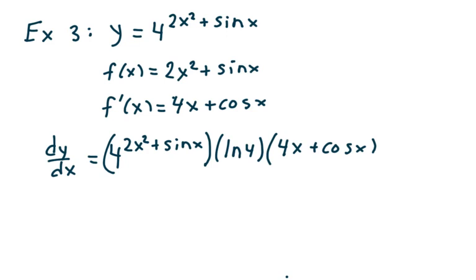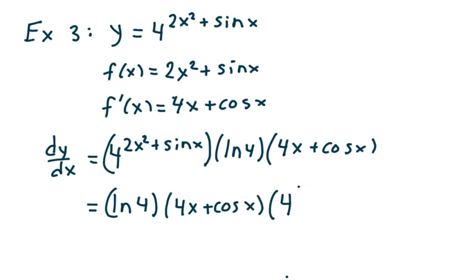And I'm done. And so here I get natural log of 4 times 4x plus cosine of x times 4 to the 2x squared plus sine of x.